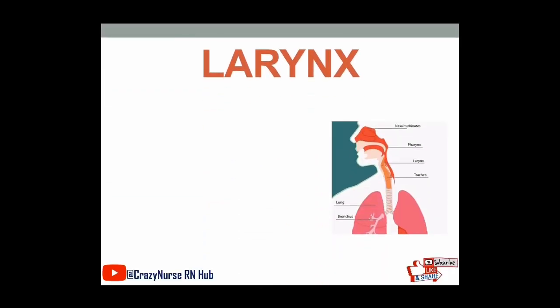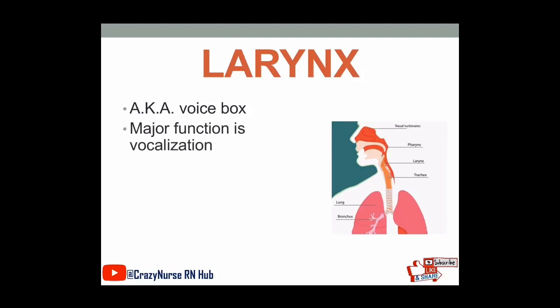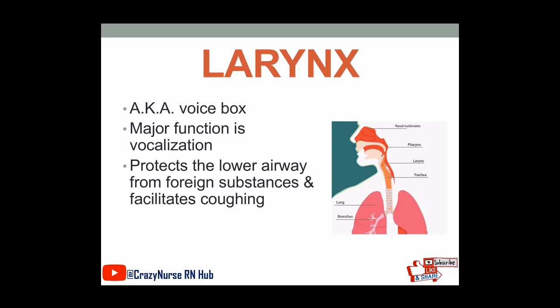We also have your larynx. It is also known as the voice box. The major function is vocalization. It protects the lower airway from foreign substances and facilitates coughing. So it is also referred to as the watchdog of the lungs.